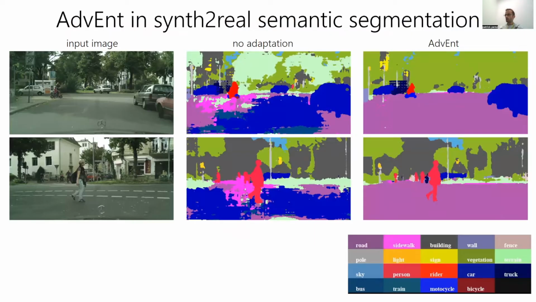Just one snapshot of results here on semantic segmentation. In this case, the source domain is synthetic images, and the target domain is Cityscapes, I believe. You see the clear difference between not using adaptation and using the adversarial adaptation that we proposed.